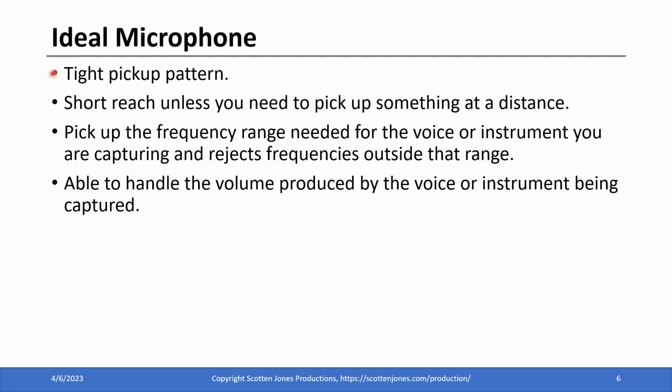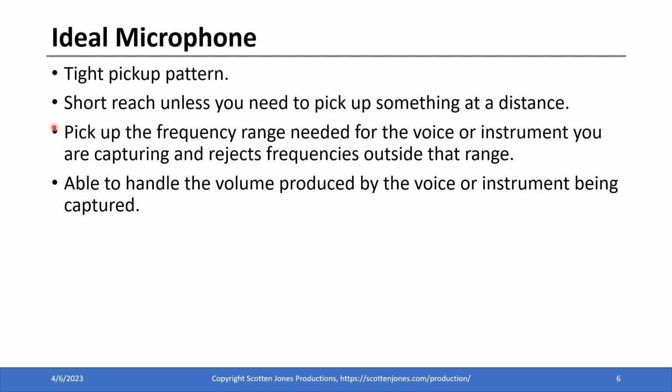Secondly, you want a short reach. You don't want it to reach out a long way. And there is actually a difference in how far they reach. If you have a vocalist right in front of the microphone singing into the microphone, you don't need it to reach a long way. And if it's reaching a long way, it's probably picking up something you don't want it to pick up.